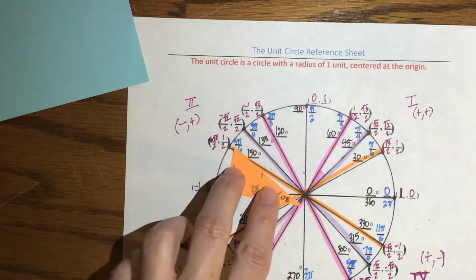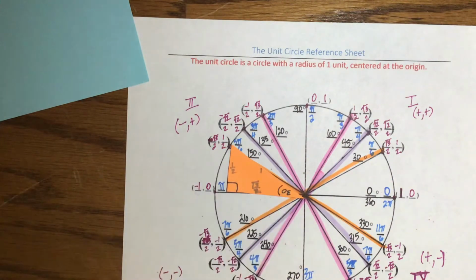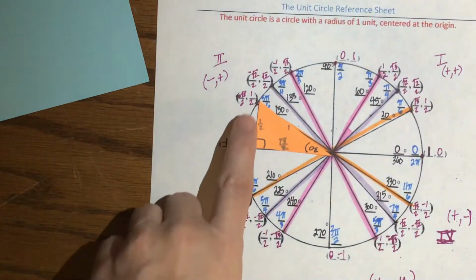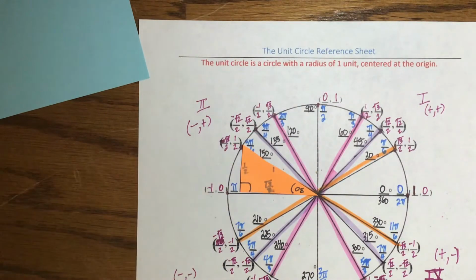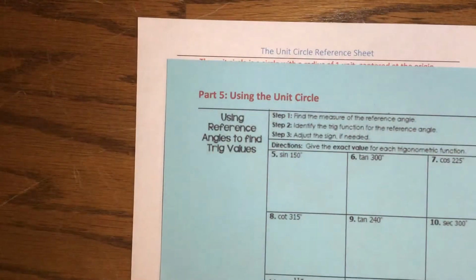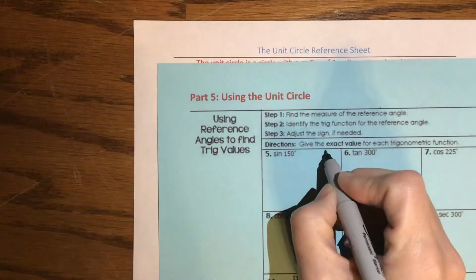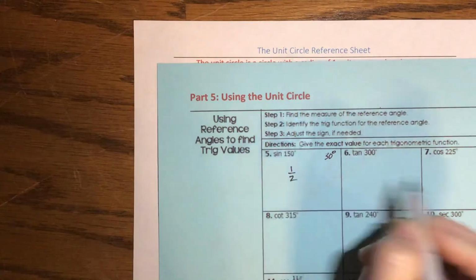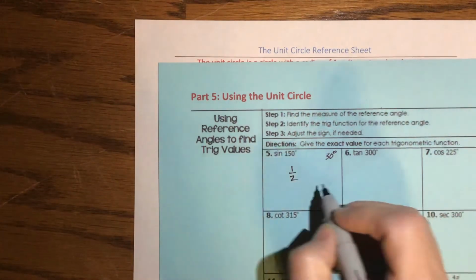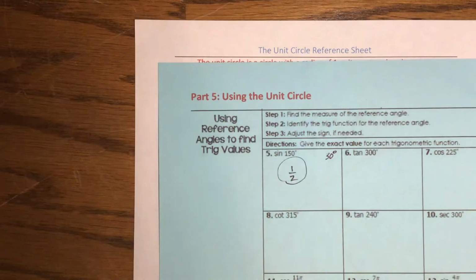So you see that sine is going to be 1/2 because it's your y value, and because you went up, it's going to be positive. So for this one, our reference angle was 30 degrees. Sine of 30 is 1/2. Since we're in the second quadrant, it's going to stay positive, okay?